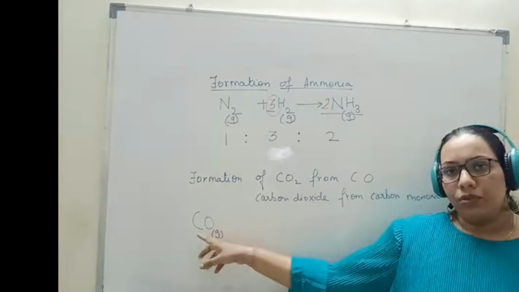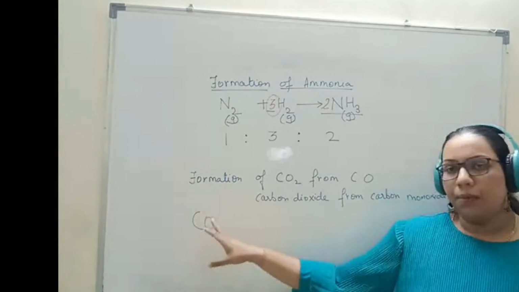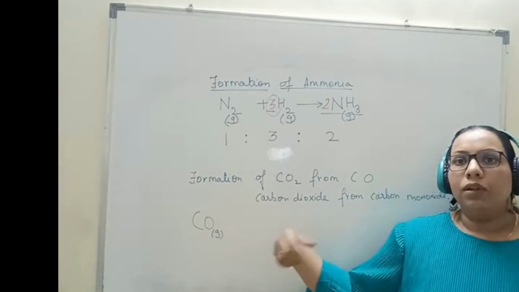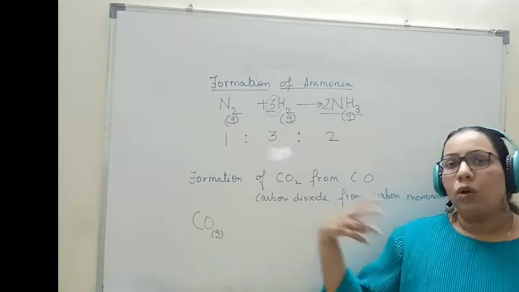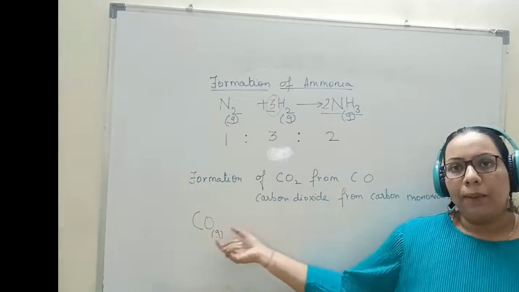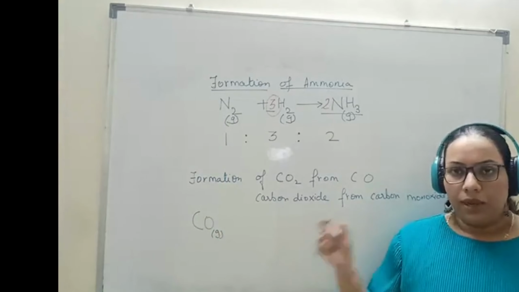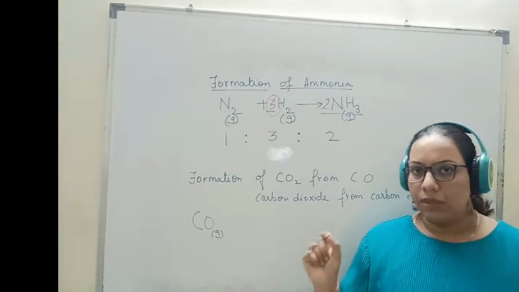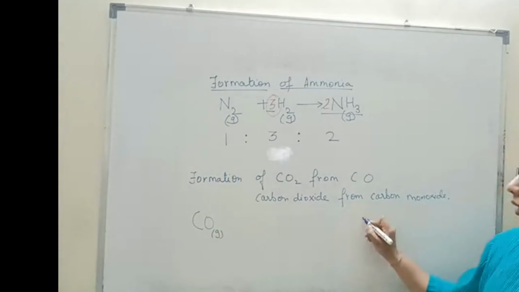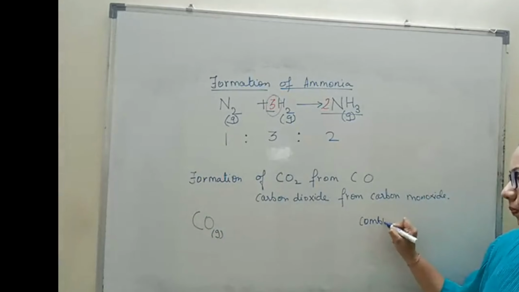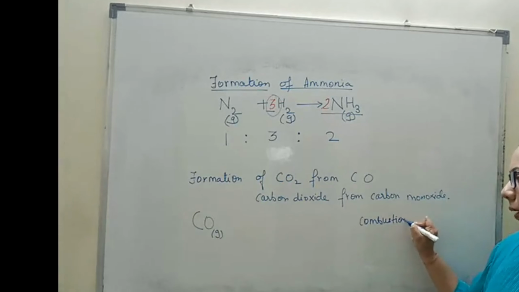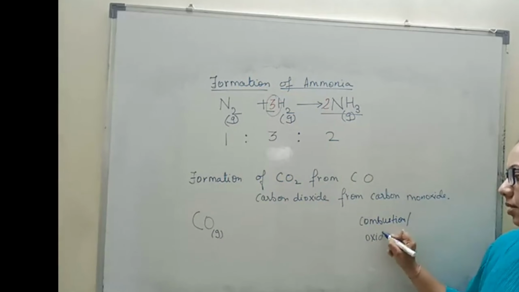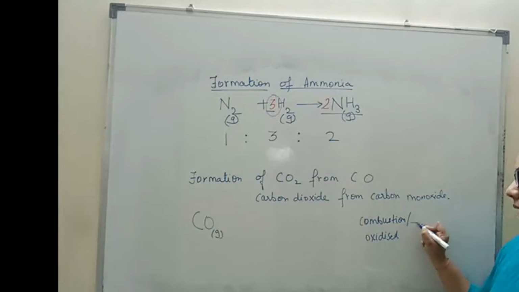So what they have to do is take carbon monoxide and combust it, or let's say oxidize it. And oxidation happens in the presence of oxygen only. Get used to these terms, I'm also giving you keywords. Whenever the word combustion or oxidized is used in your questions, that means there is always an involvement of oxygen.